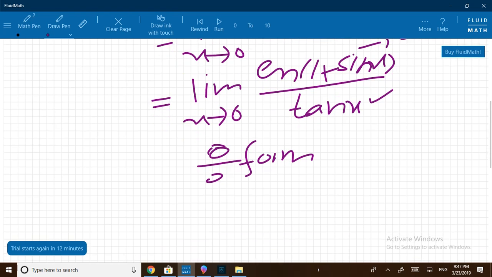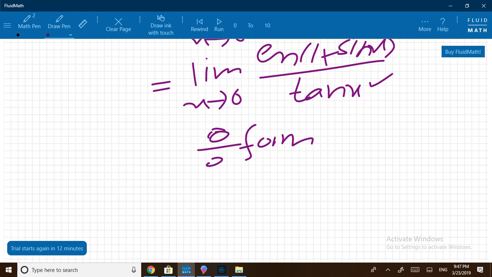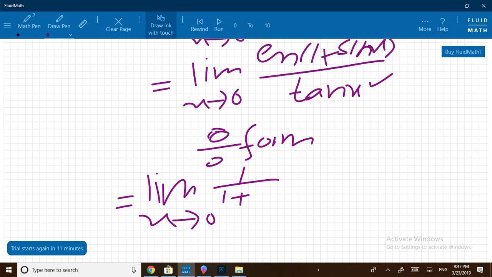So what is the derivative of natural log of 1 plus sine x? It is 1 over 1 plus sine x, and the derivative of sine is cos x, divided by the derivative of tan x, which is secant square x.